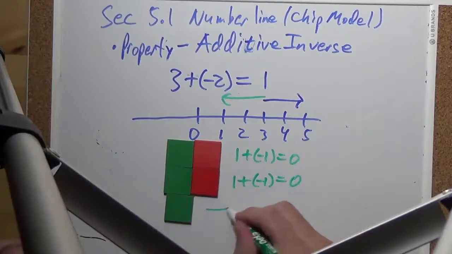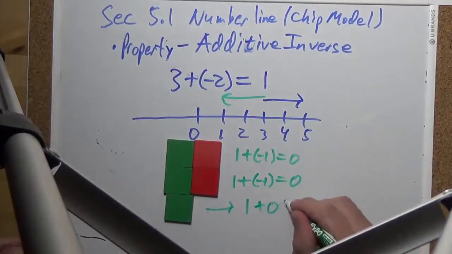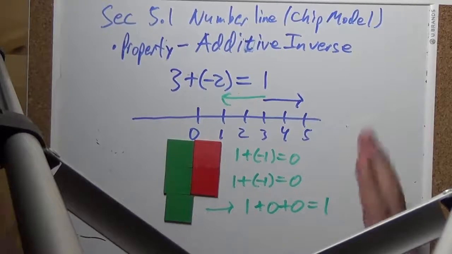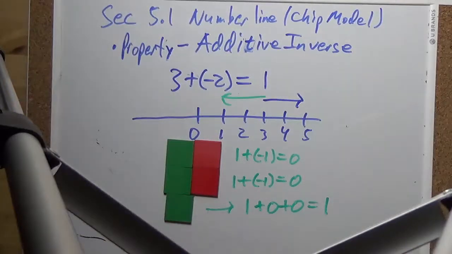So my resulting number, the result is 1, because it's 1 plus 2 zeros, which you know is the additive identity. So now suddenly we just put stuff together, and look which way we moved on the number line. We moved to the left.